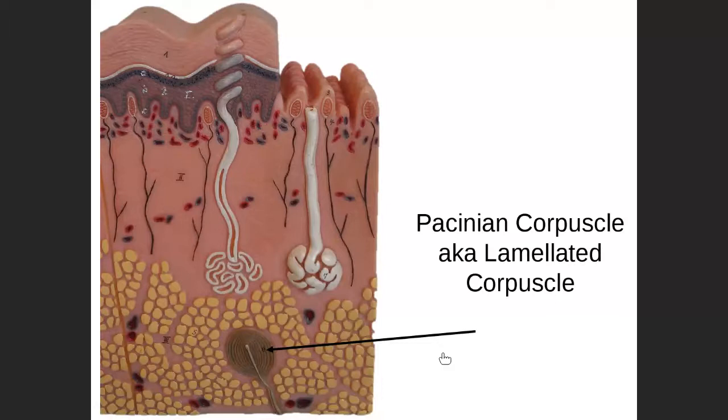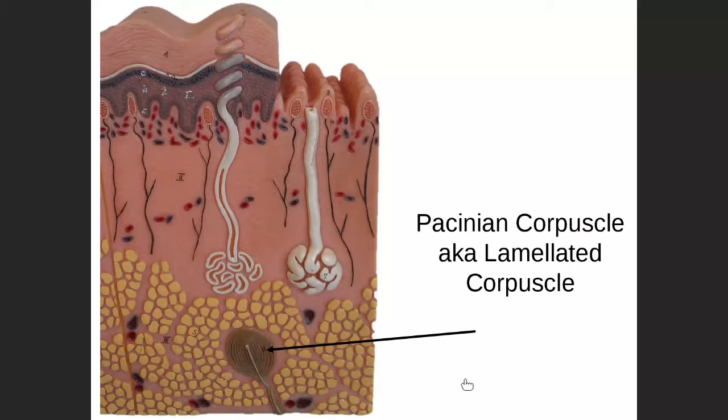Ogres have layers, you know. The Pacinian corpuscle or lamellated corpuscle is another touch receptor. All these different corpuscles that I just went over, we'll learn in more detail in chapter 16. So more on that later.